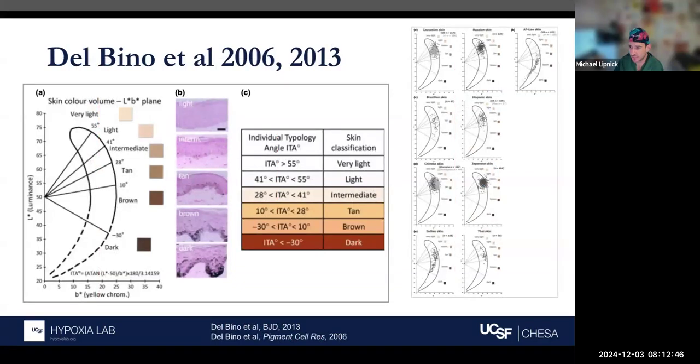So I think everybody is very well familiar with this. We've talked about existing bins for ITA, which are shown here, largely derived from data in the 90s, and then 2006, 2013, added quite a bit more data on more diverse populations. And I appreciate that Dr. Delbino has also joined us today so that we can have some discussion around this.